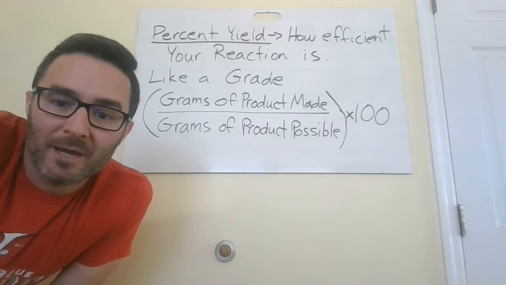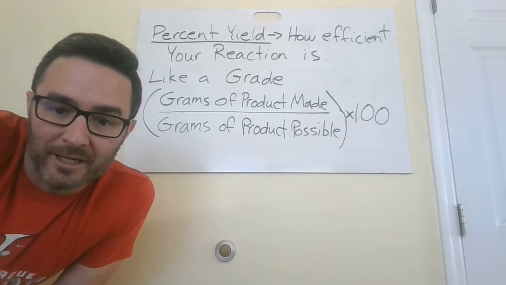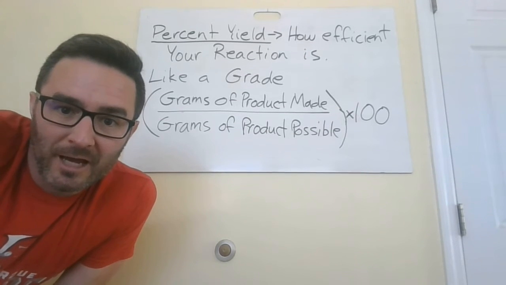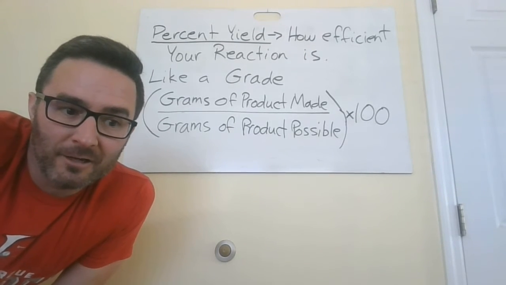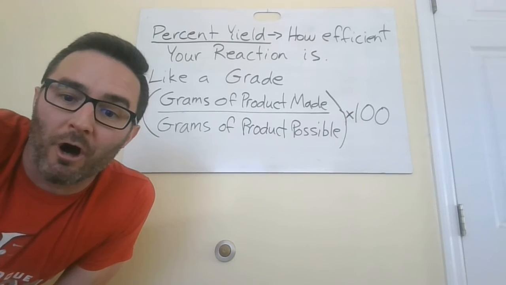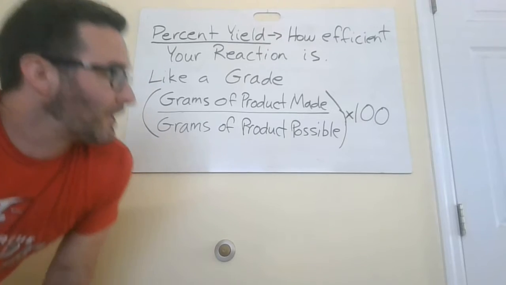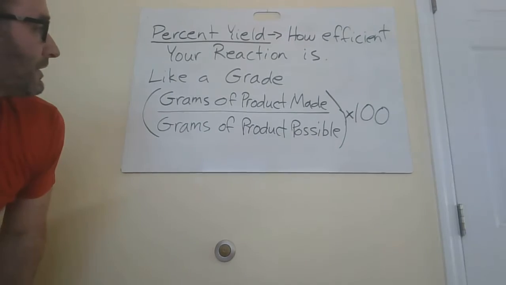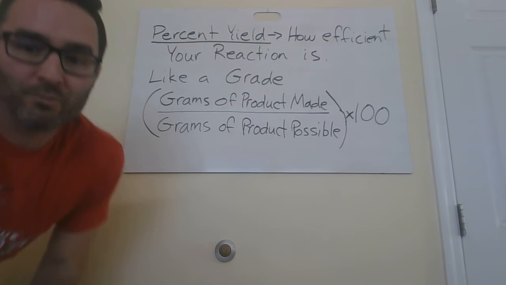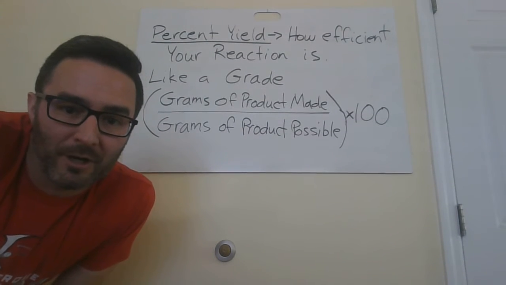When you do a chemical reaction, usually you're not 100% perfect. So the idea is to see how efficient your reaction is. How good are you? Percent yield is looking at how much you actually make versus what's possible, and then multiplying it by 100%.